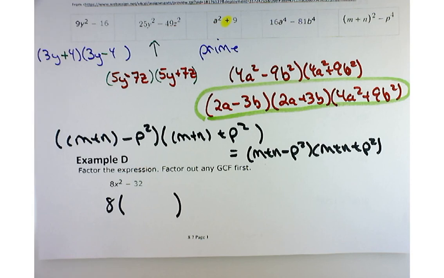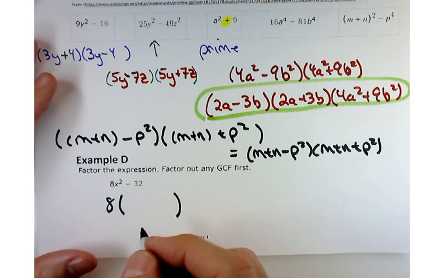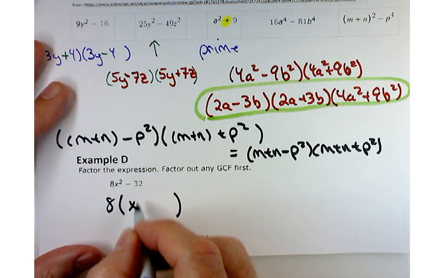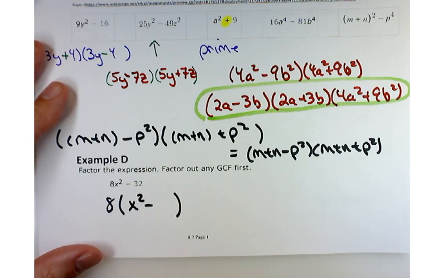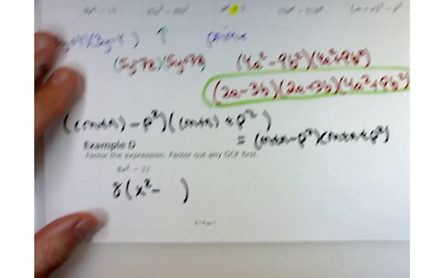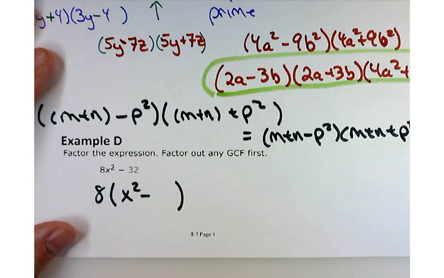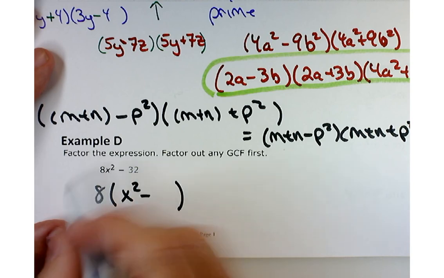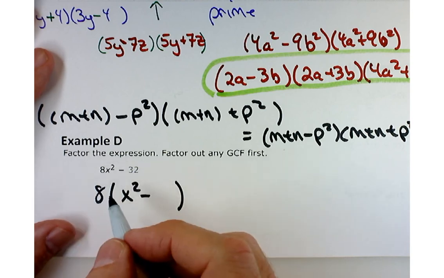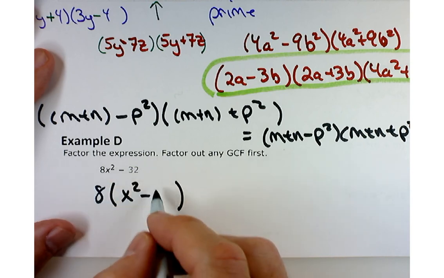So if you factor out an 8, what's that leave behind? Caitlin, what's left behind if I factor out the 8? 3x squared, and then the minus 32. No. You're factoring the 8 out of there. 32 divided by 8 would be 4.